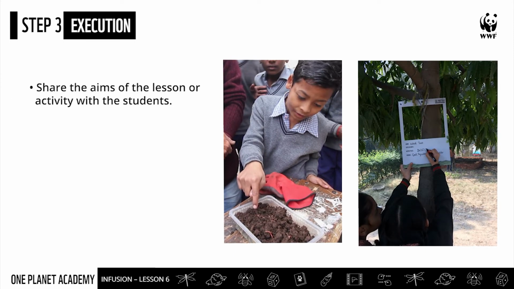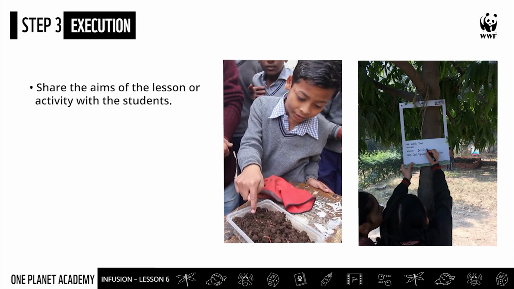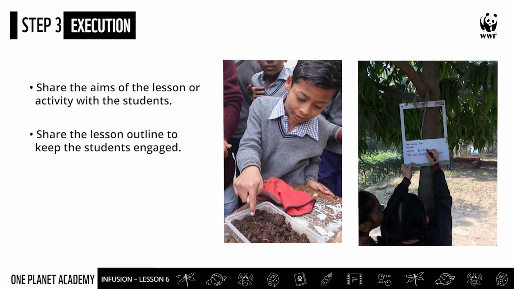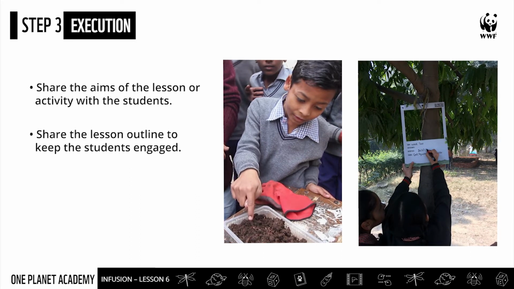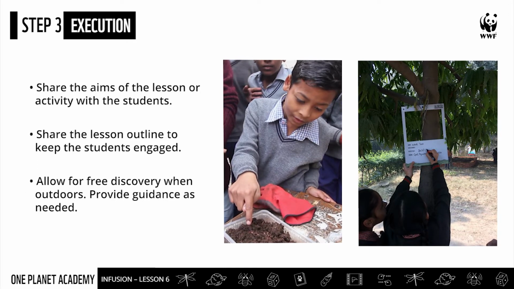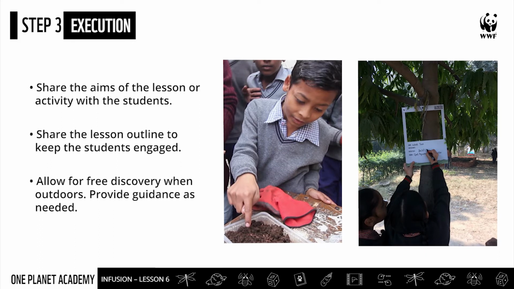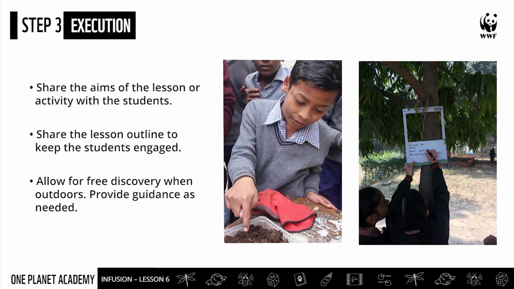It is a good practice to share the objectives of the lesson and the lesson outline with the students, as it gives them a roadmap to follow and keeps them engaged. Allowing for free discovery during outdoor activities encourages the development of nature connectedness and observation skills.